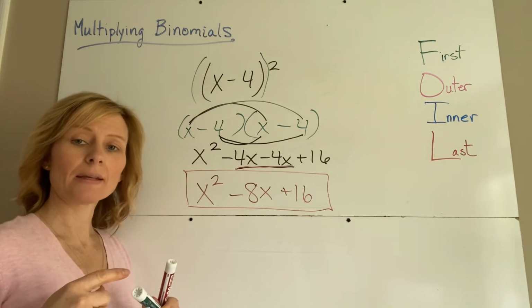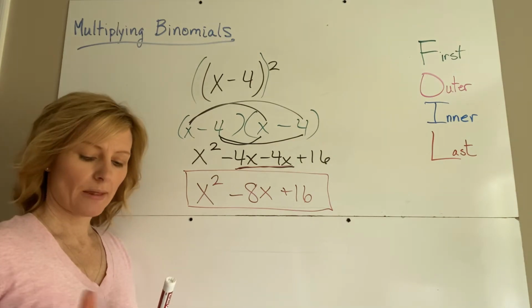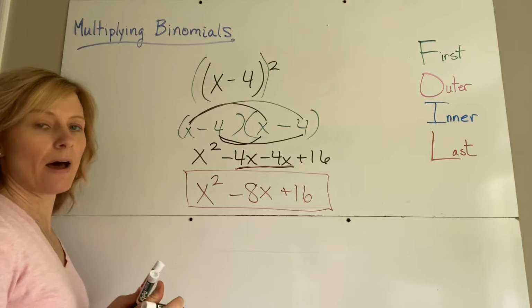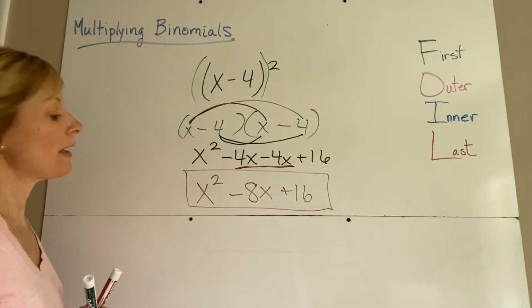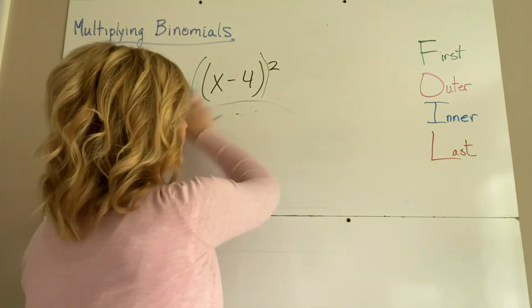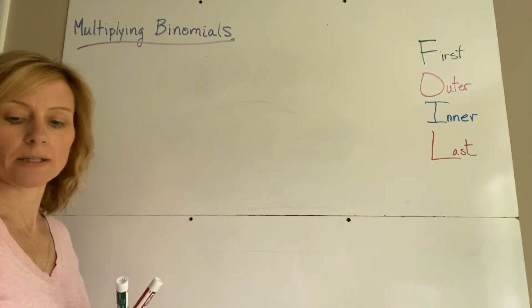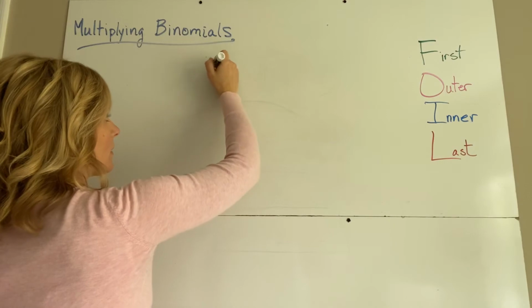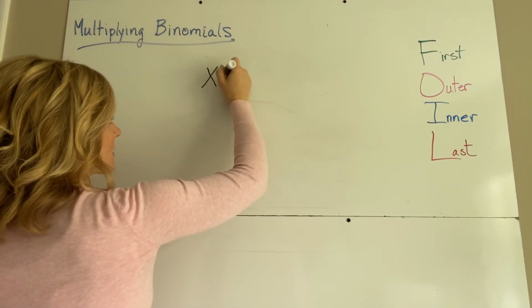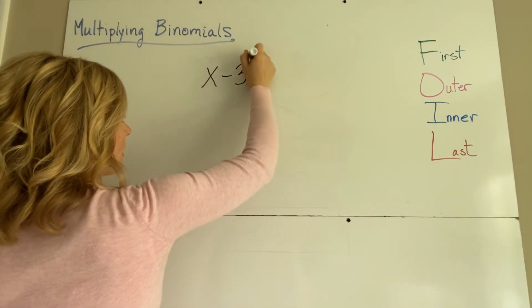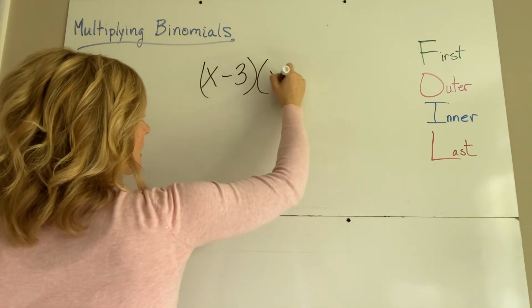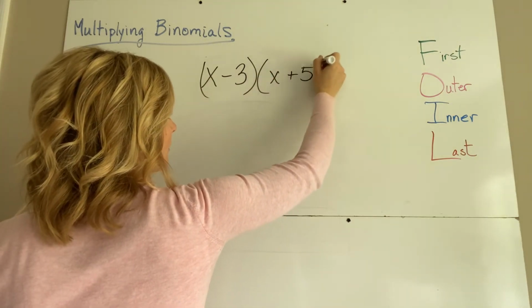I like this method. If you are struggling with this method, I have another option for you, and I'm only going to show it once because I want you to reach out to me if you need it. So I'm going to do x minus 3 times x plus 5.